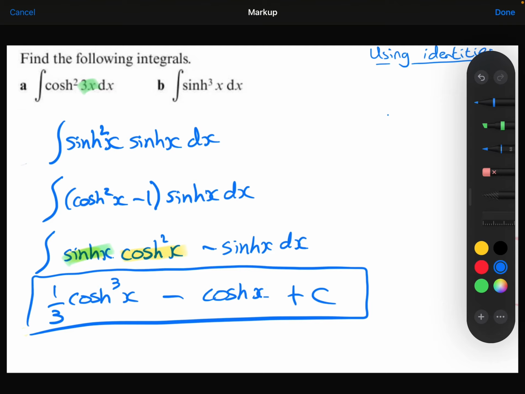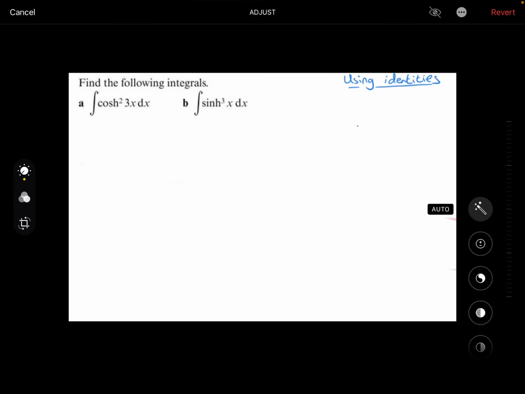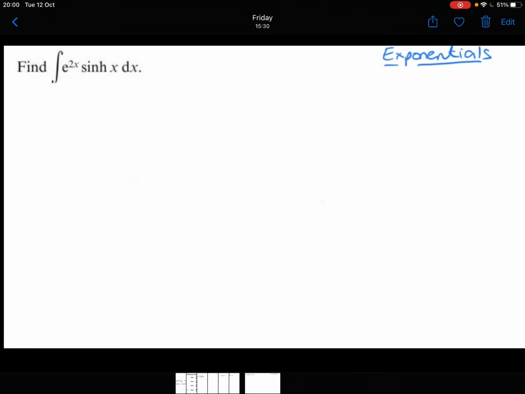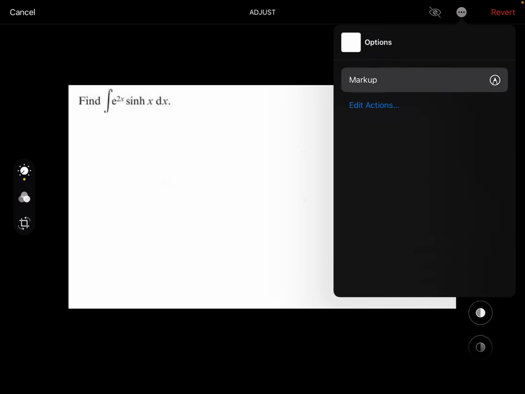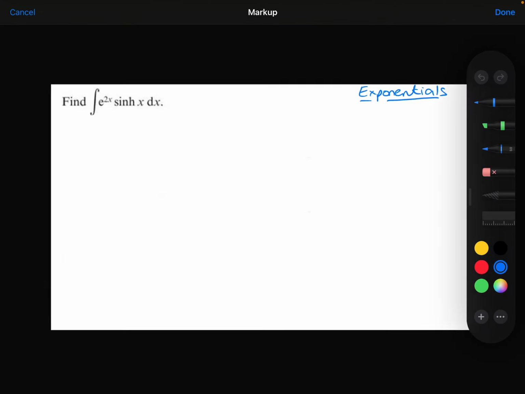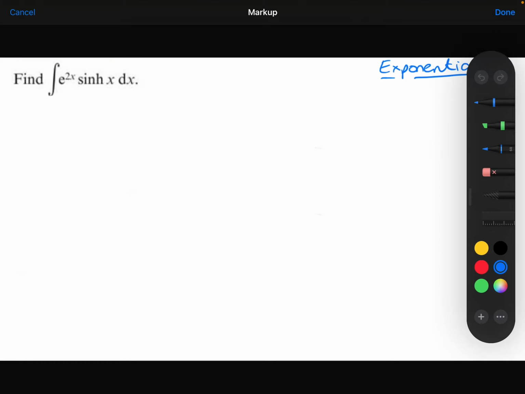Like I said, you could use the same technique for cosh cubed as well. Okay, last example in this video is where we have exponentials involved. So here I want the integral of e to the power 2x times sinh x.